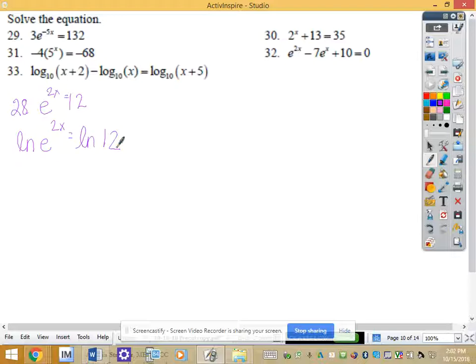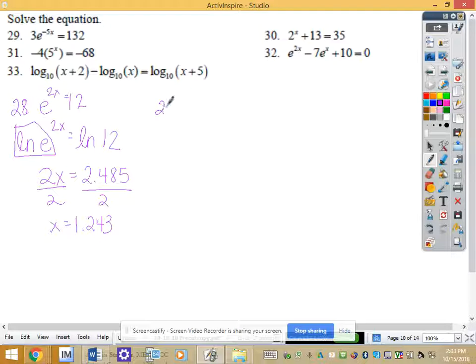Remember, you have to make sure that this is isolated before you ever start. So ln and e cancel each other out, so 2x is equal to the ln of 12, which is 2.485. And then we're going to divide that by 2 to solve for x. So x is 1.243.